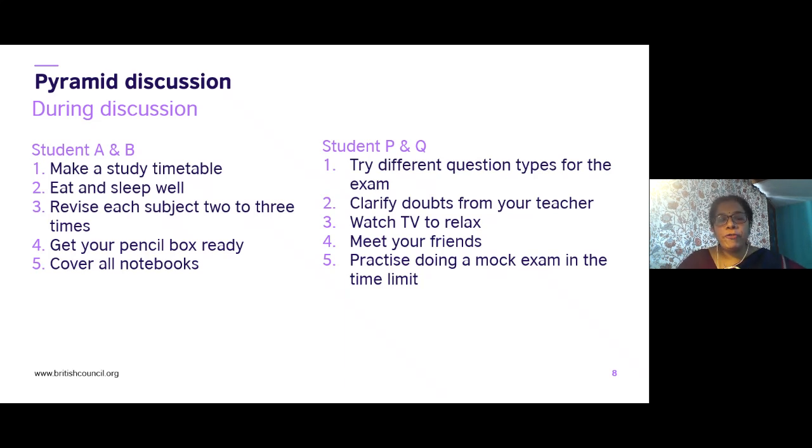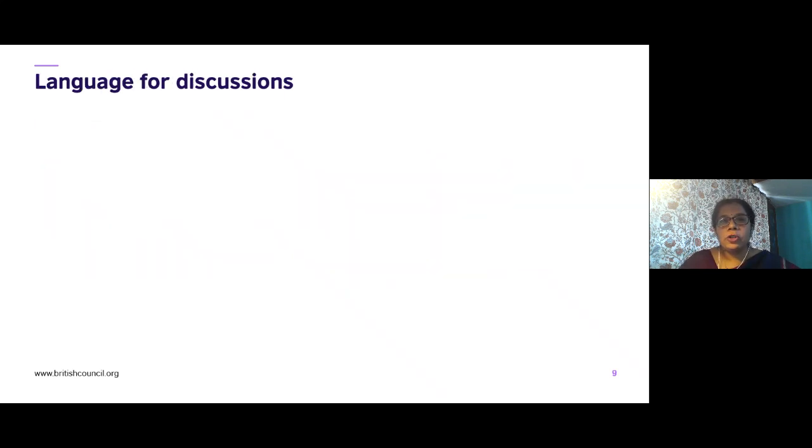Now, I'm sure many of you are wondering, how can you support your students when they are together in pairs or groups? How can you support them when they are having these discussions? So at the outset, one way of doing this is by putting up the language for discussion on the board.